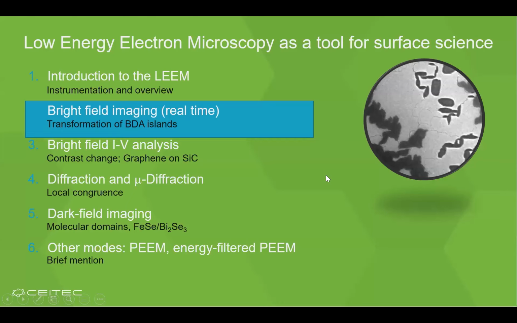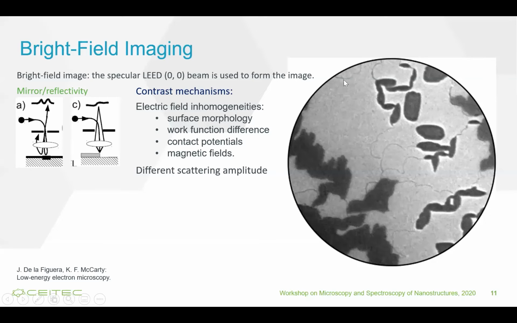So now we can go more into detail on the techniques. First, bright field imaging. Here we image electrons through the 00 spot, which is specularly reflected from the sample. There are several contrast mechanisms we can utilize. It could be material contrast or morphological contrast, which is due to electric field inhomogeneities or the difference in scattering amplitude.